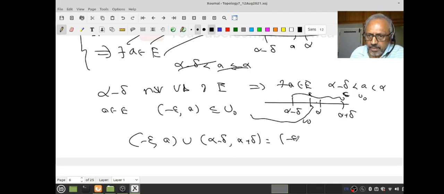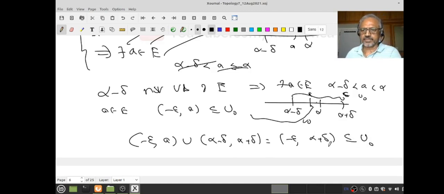This is also contained in U0. Do you accept it? Therefore that union must be contained in U0. But the union is nothing other than the interval minus epsilon to alpha plus delta.